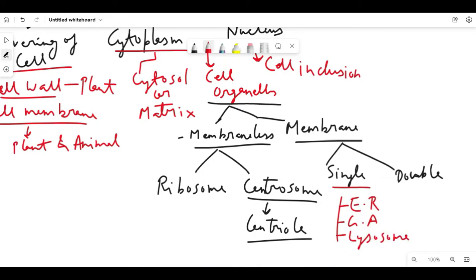And this double membrane bound is further divided into two types: first one is mitochondria and second one is chloroplast. This chloroplast is the largest cell organelle, and mitochondria is the second largest.